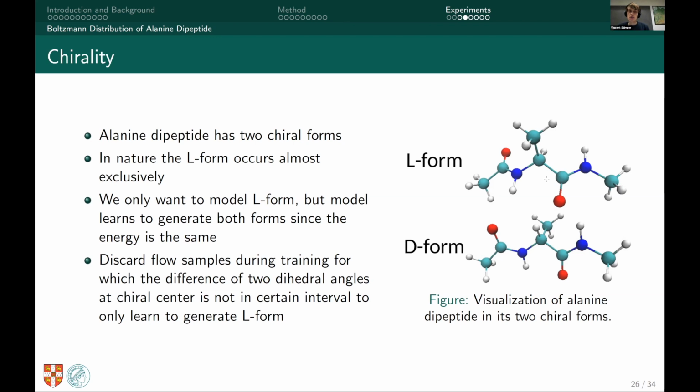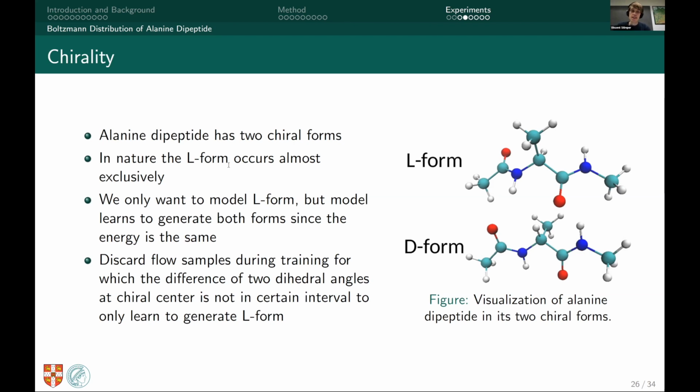However, in nature, we only observe the L form and not the D form. The D form could theoretically be synthesized in the lab, but since in nature we only see the L form, we also want a model which only generates configurations for the L form.